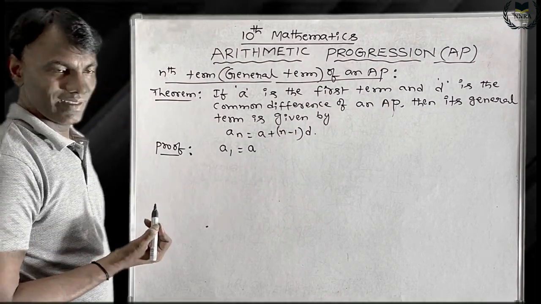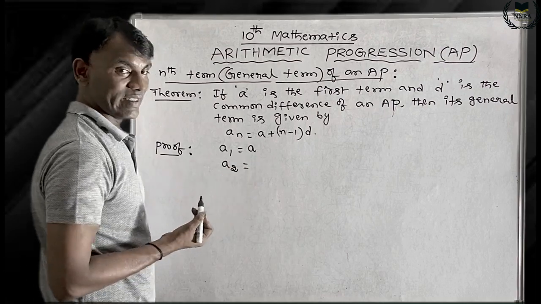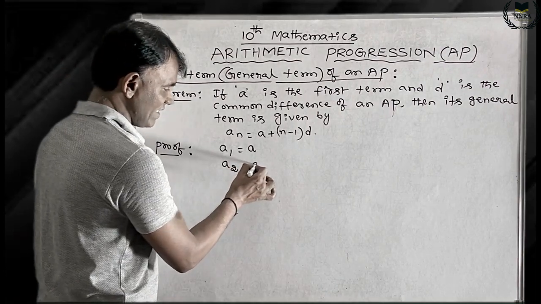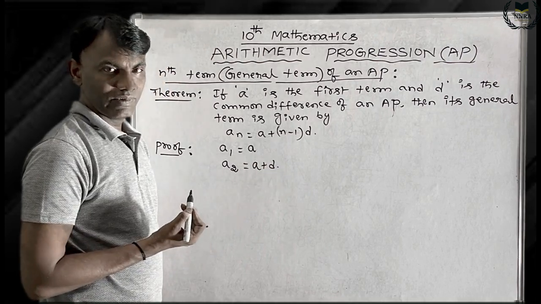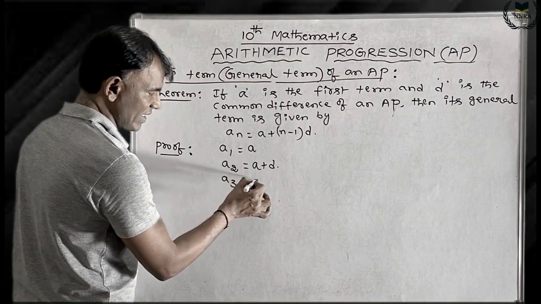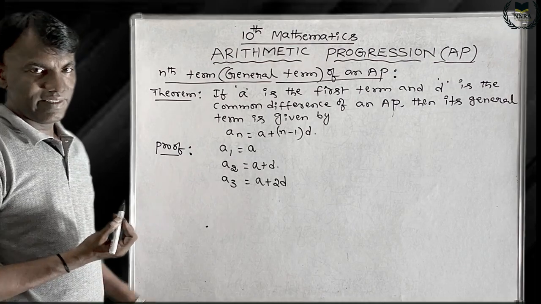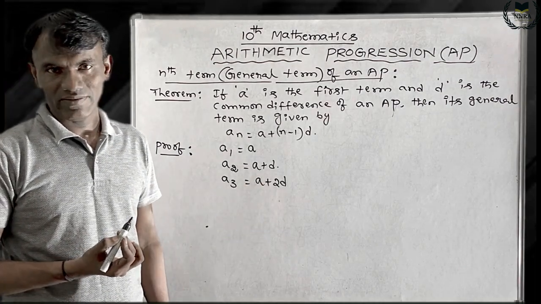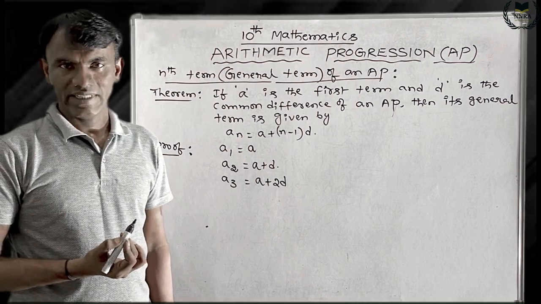Coming to the second term, it is denoted by a2 and is defined by a plus d. And the third term can be written as a plus 2d. This is the general definition. a, a plus d, a plus 2d, a plus 3d, a plus 4d and so on is called an arithmetic progression, right?